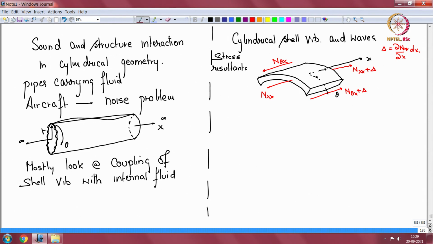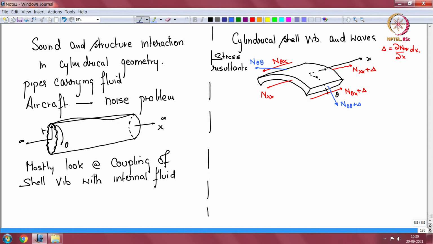Then we have n theta theta, and this will be n theta theta plus increment.